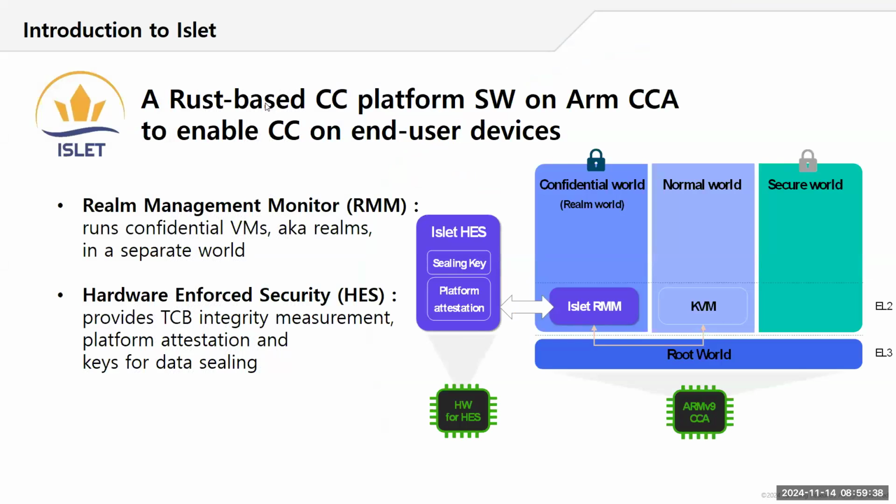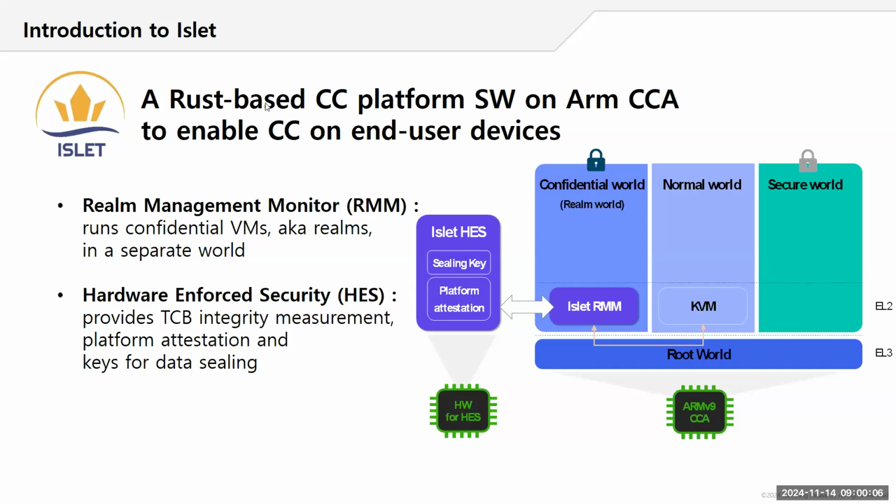And the main components of Islet are the Islet realm management monitor that currently implements the RMM specification version 1.0-EAC5. And our Islet RMM handles such things like virtual CPU context switching and stage 2 translation tables for confidential virtual machines.